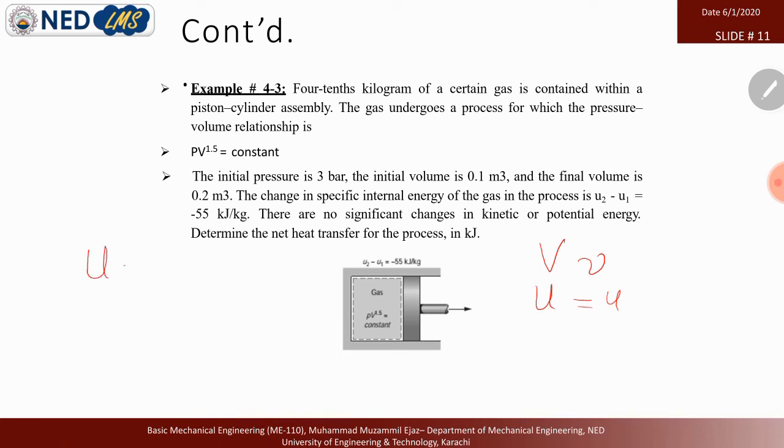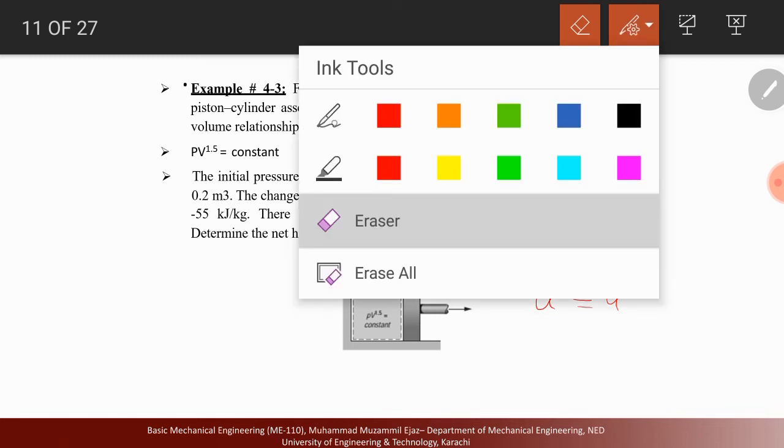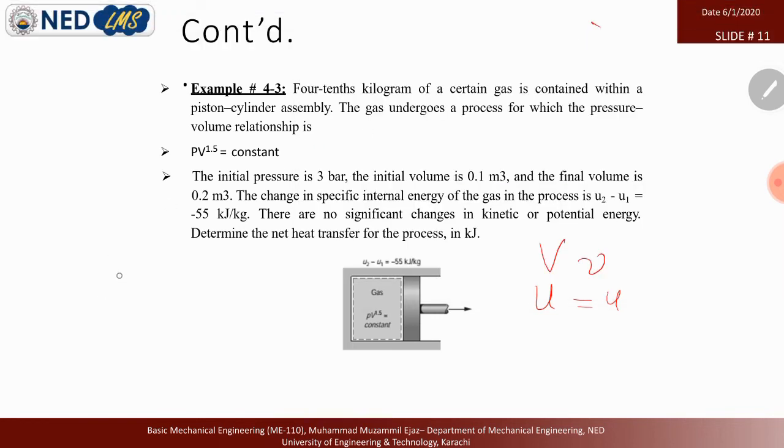So it's a simple formula. The specific internal energy is simply capital U, the internal energy, divided by mass. Anything which is divided by mass becomes a specific property, like specific volume, specific internal energy.